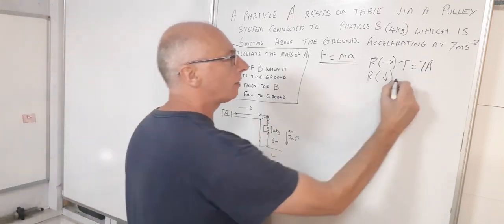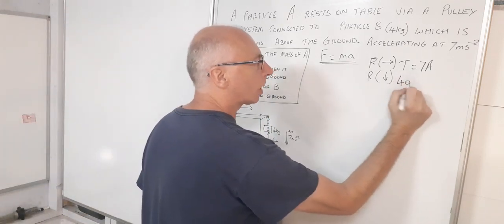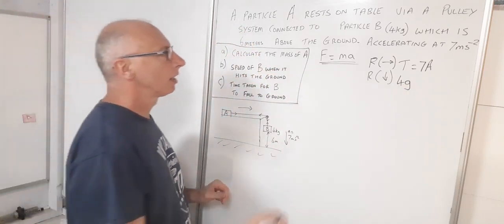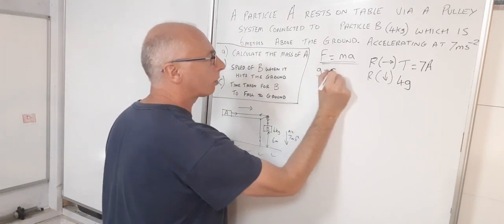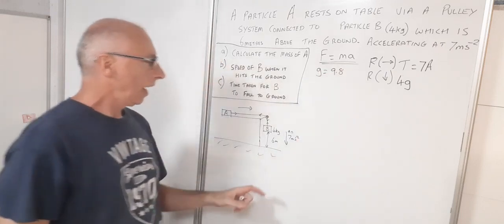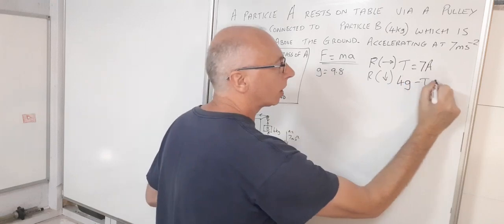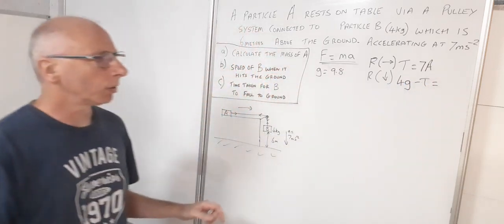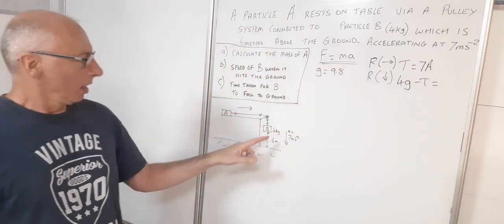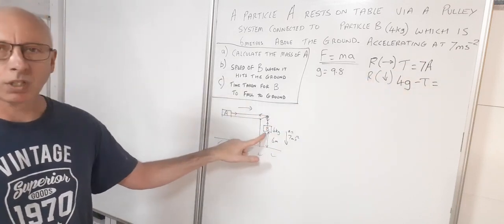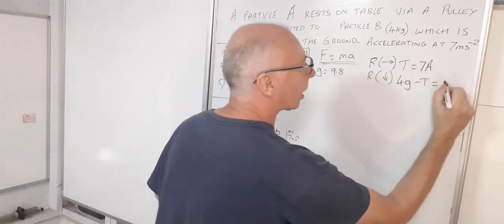So we're going to have 4 times G, which is our gravitational constant, which is 9.8. Let's just make a note of that. G equals 9.8. And that's going to be subtracted from the tension in the ropes. And that's going to be equal to 7 times the mass of this box, which is 4. So it's going to be 4 times 7.